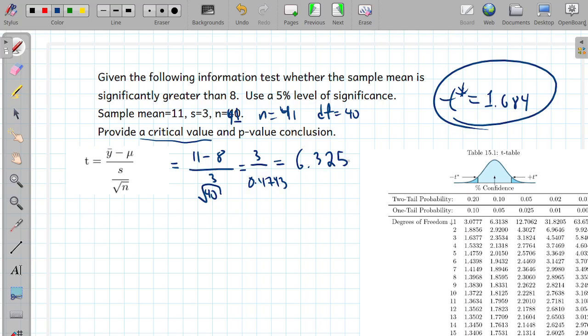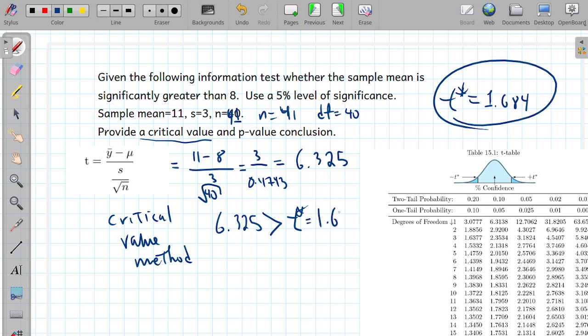So doing the critical value method, we see that t, sometimes referred to as t obtained, of 6.325 is greater than the critical number, which was 1.684, so we reject H null. Boom. That's how you do that.